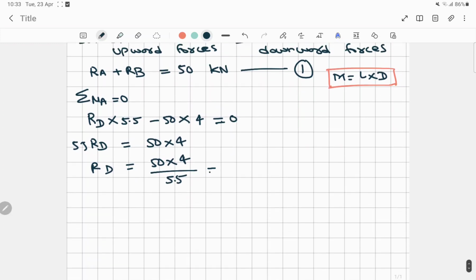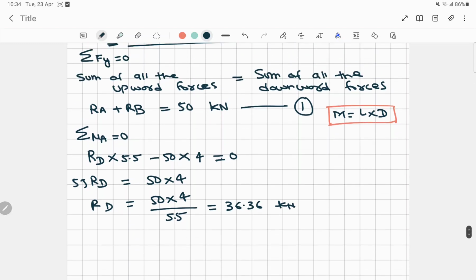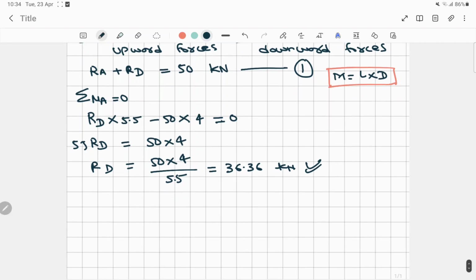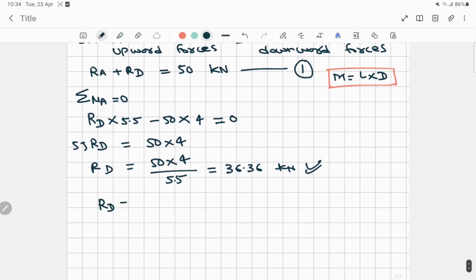So we get the value of RD as 36.36 kilonewton. Okay, so now we have a value for RD.